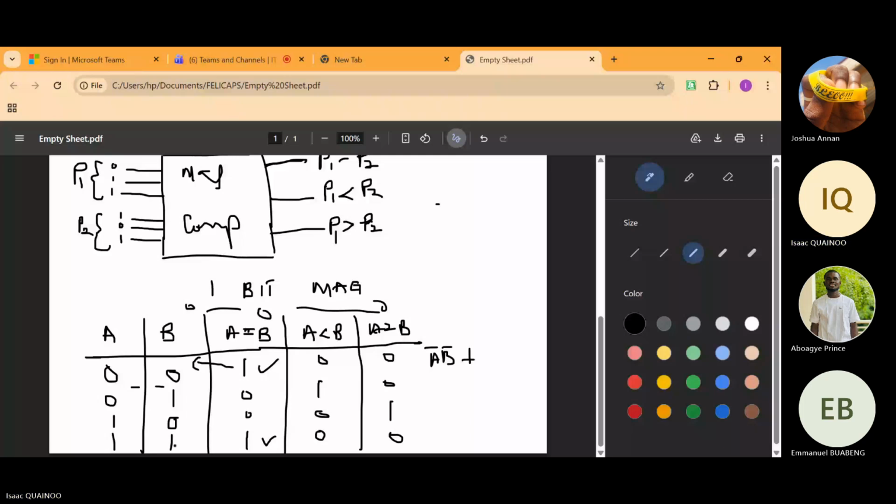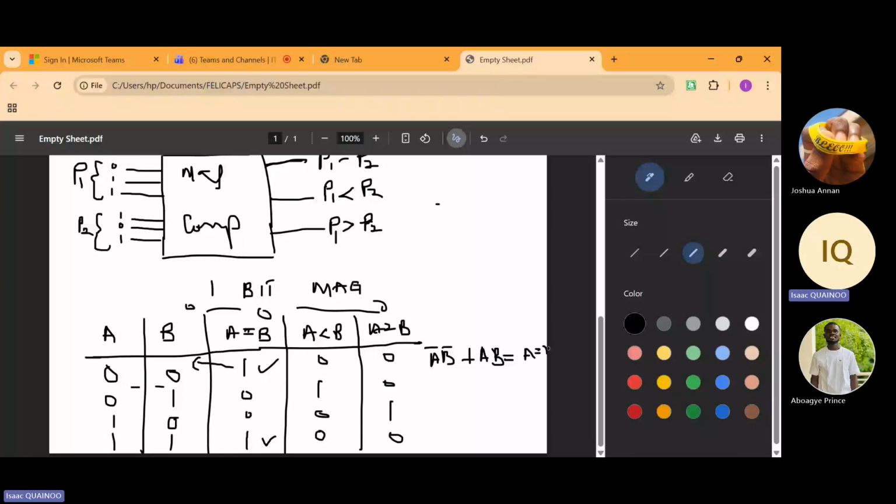AB. All right, so we've now exhausted all scenarios where A and B were equal. So you can say that this here is A equals B. That's the corresponding expression for A equals B.